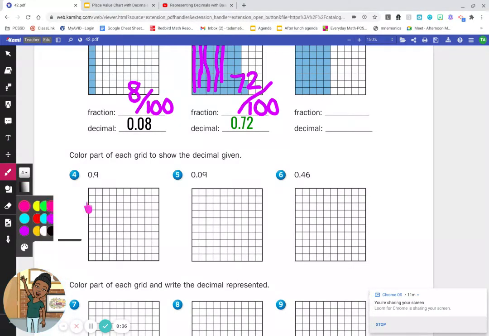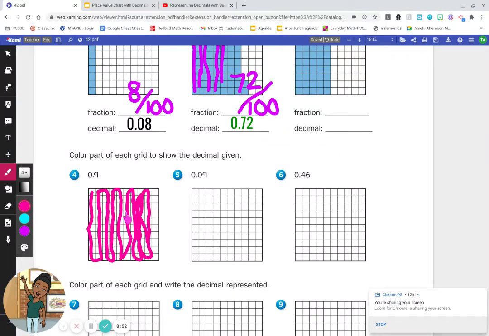How does that look? There's 1, 2, 3, 4, 5, 6, 7, 8, 9. So I shaded in 9/10. The part of the grid I colored was 0.9, 9/10.